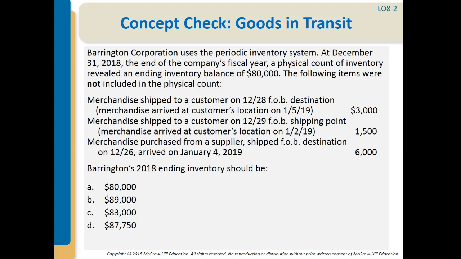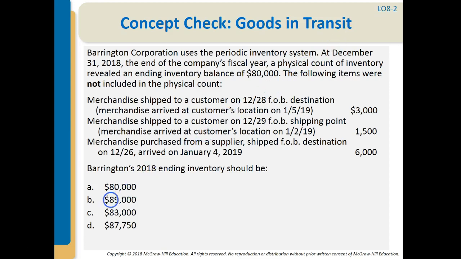Merchandise shipped to a customer on 12/29, FOB shipping point. Merchandise arrived at the customer's location on 1/2/19. Merchandise purchased from a supplier, shipped FOB destination on 12/26, arrived on January 4th, 2019. What is Barrington's 2018 ending inventory amount?